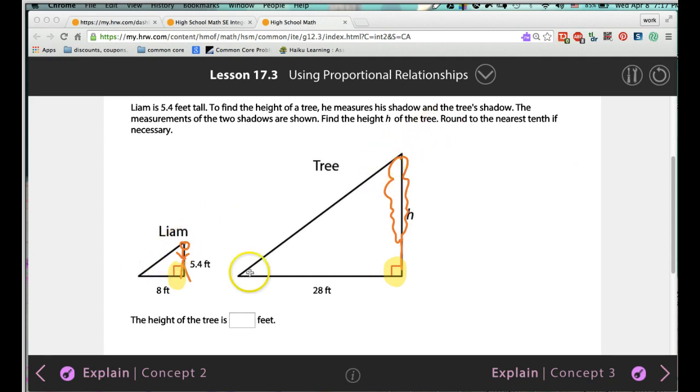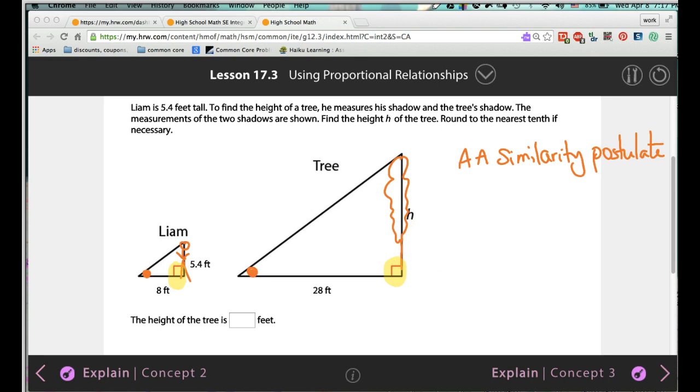What that means is that these two lines are parallel to each other, so this angle here and this angle are going to measure the same as well. So because of the AA similarity postulate, we know that these two triangles are similar to each other, okay?